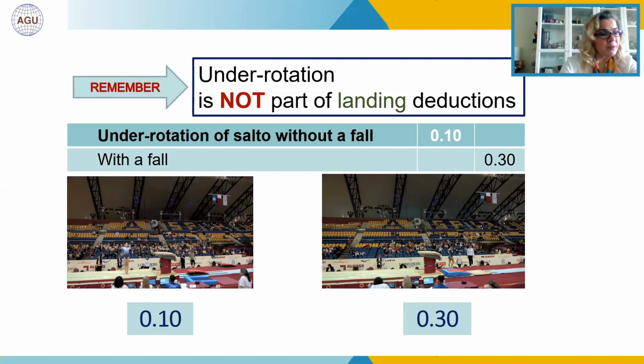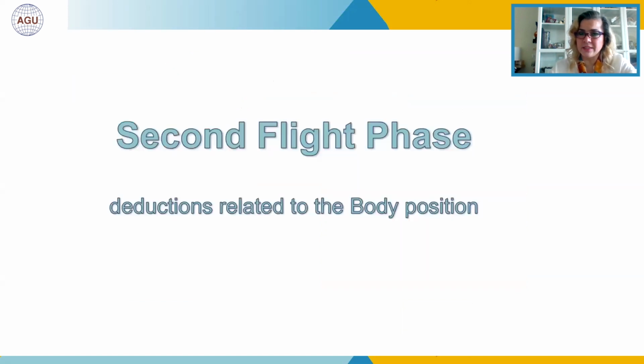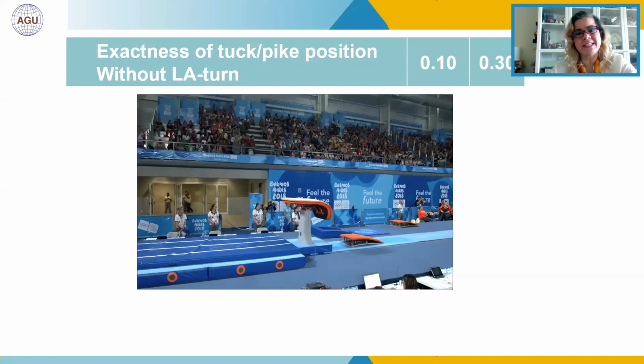And I left the body positions until the end. We still talk about the second flight phase and deductions related to the body positions because they are related or similar to each other. First of all, we talk about the exactness of tuck or pike positions without longitudinal axis turn, which means plain saltos, either tuck or pike.